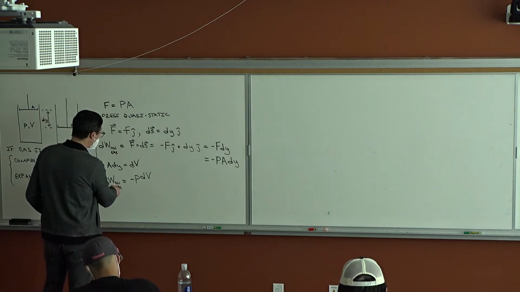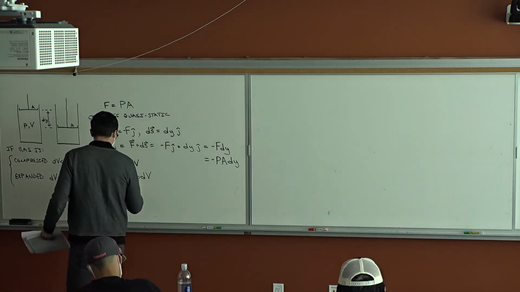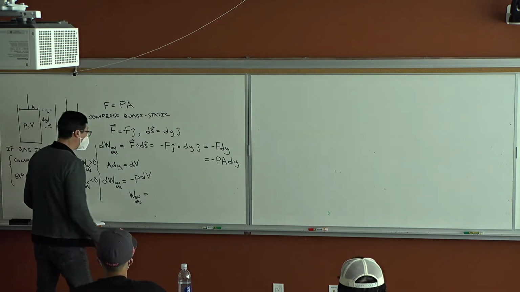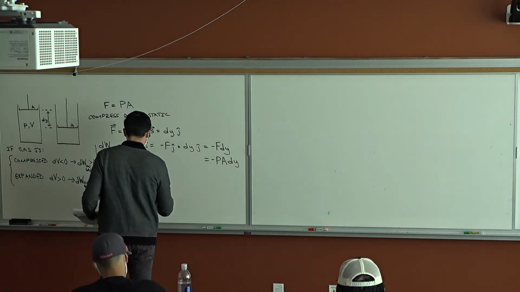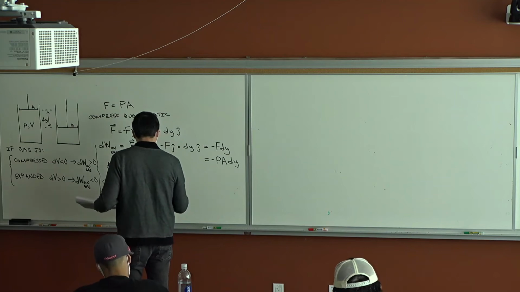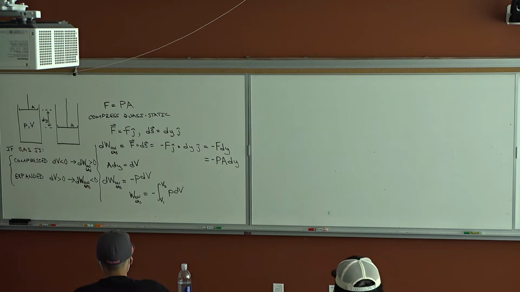If dW on the gas is minus PdV, then the work done on the gas in going from V1 to V2 is just going to be minus the integral from V1 to V2 of PdV. So far, so good. We're happy-ish. Okay.